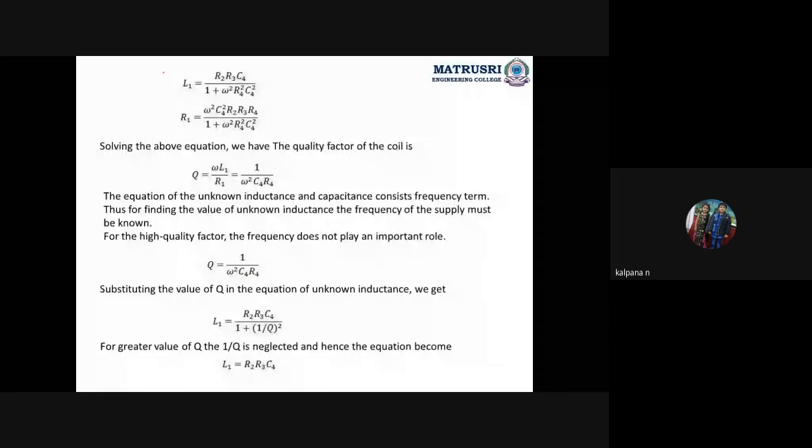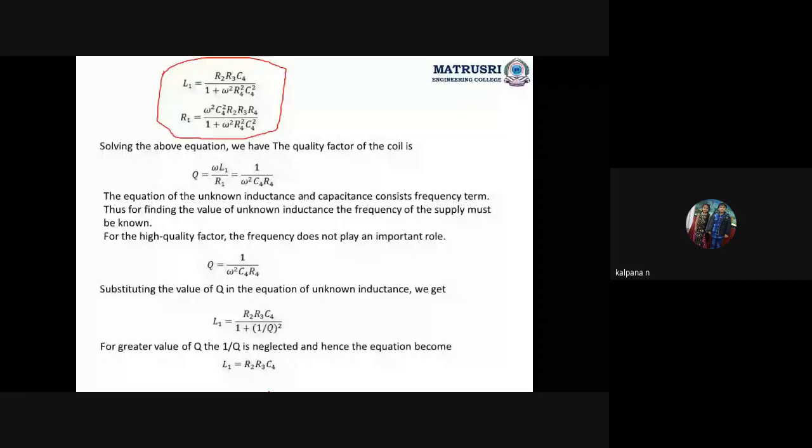In order to measure the unknown inductance and unknown resistance, the quality factor is always omega L1 by R1. L1 is this one, R1 is this one; by L1 by R1, you will get the quality factor. Or else 1 by omega C4 R4 you can also use.